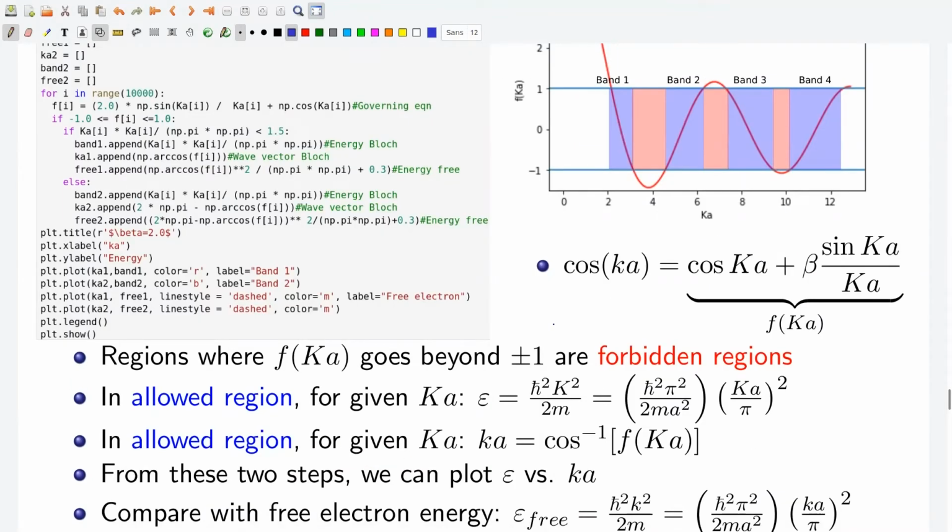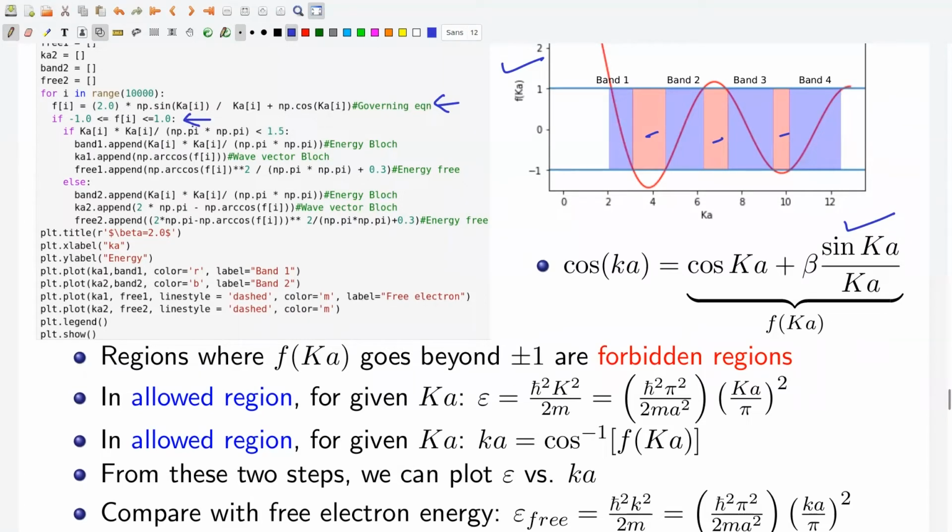Now, we are going to plot energy versus the wave vector small k. This is the governing equation, and we already have plotted f of Ka as a function of Ka. Regions where f of Ka goes beyond +1 and -1 are forbidden regions. For a given Ka, we calculate f of Ka here in the code and determine whether it is in the allowed or forbidden region in this line.